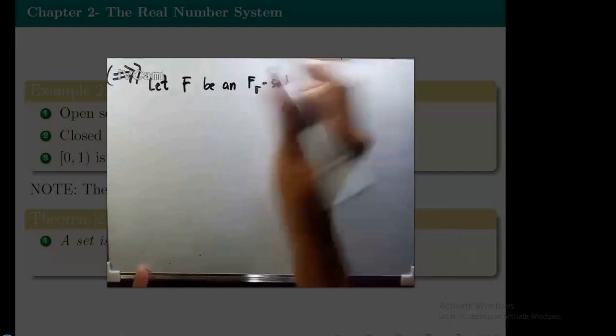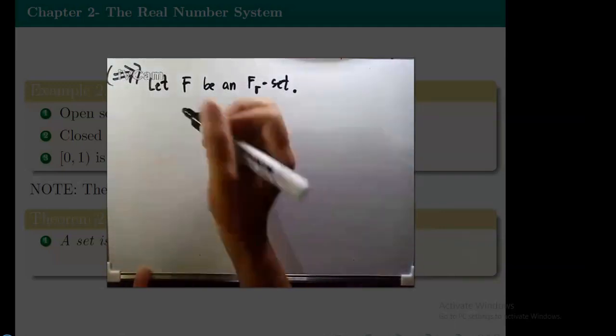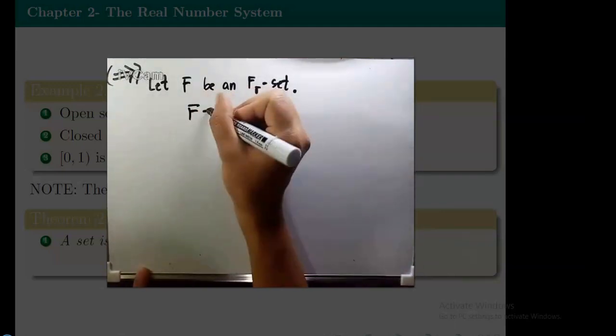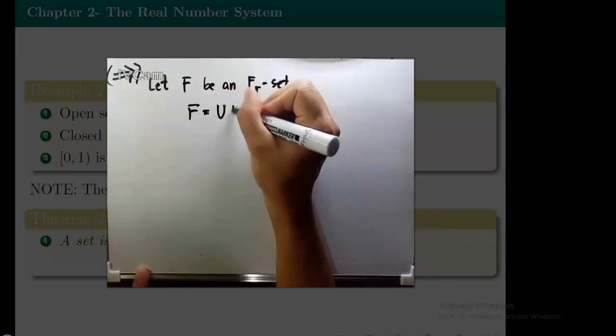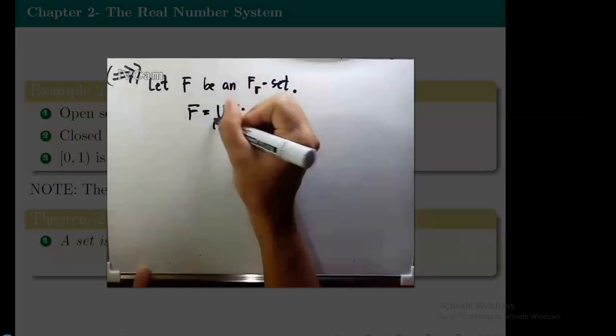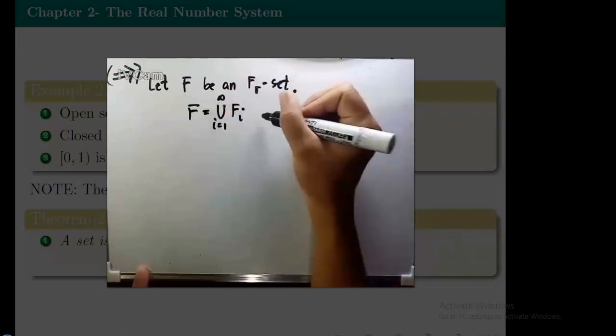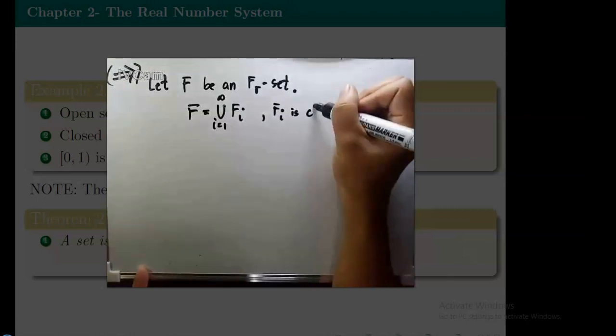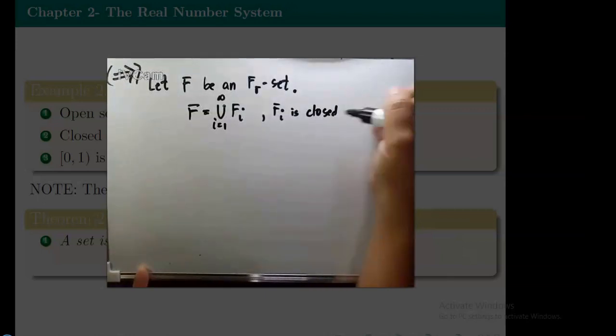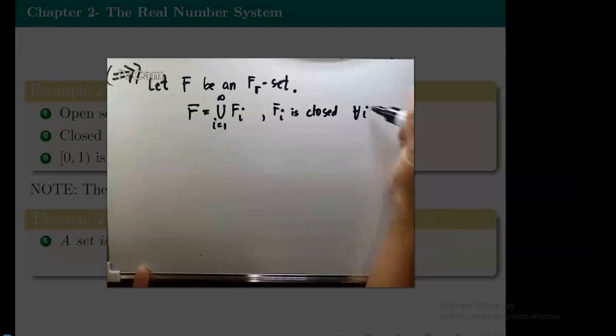Since F is an F sigma set, we can write F as the countable union of closed sets. So our F sub I is closed for all I.